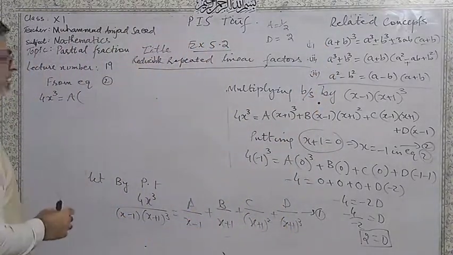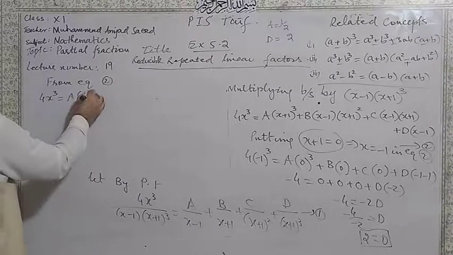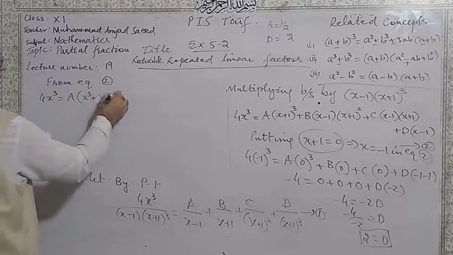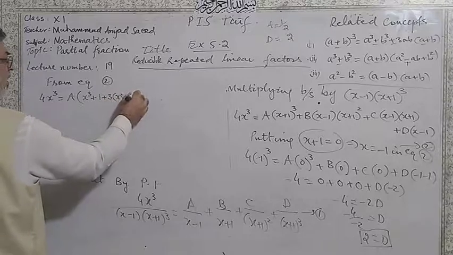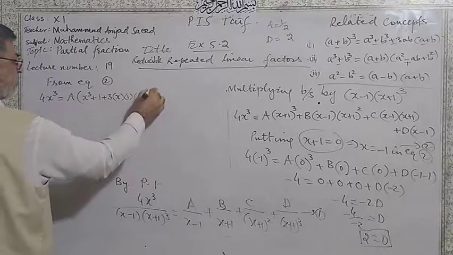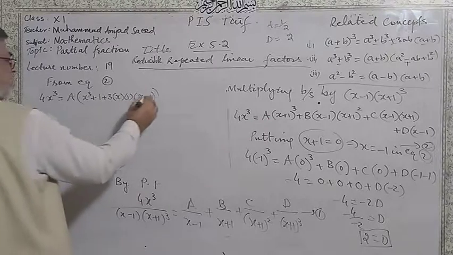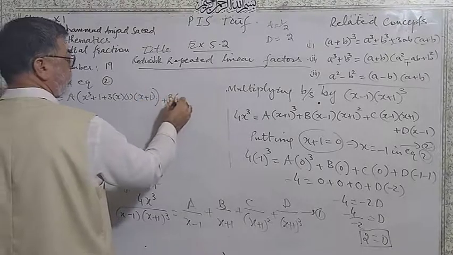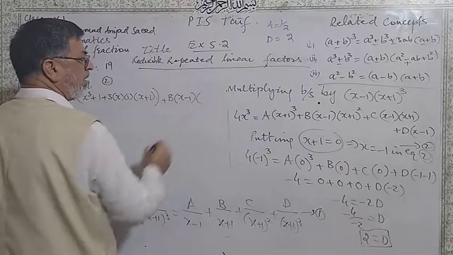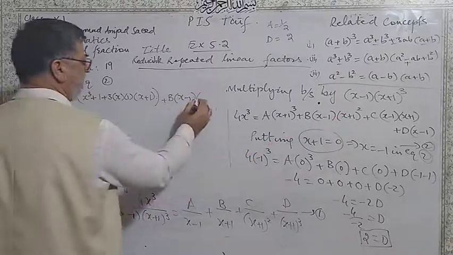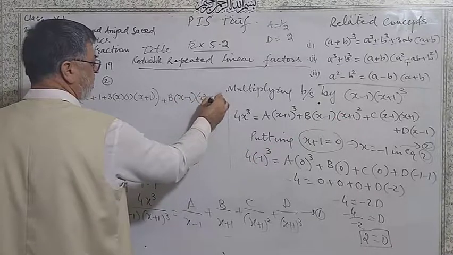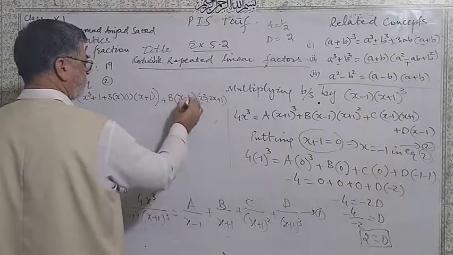Using formula number 1 as first cube plus second cube plus 3 into first into second into first plus second. This is your cube formula. Plus b into x minus 1 and x plus 1 whole square is x square plus 2x plus 1.